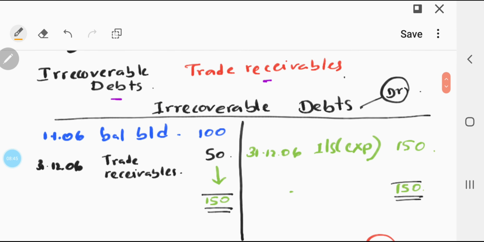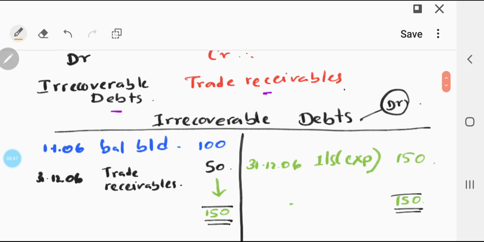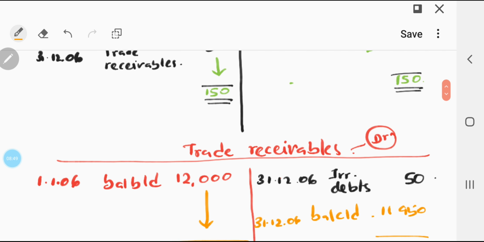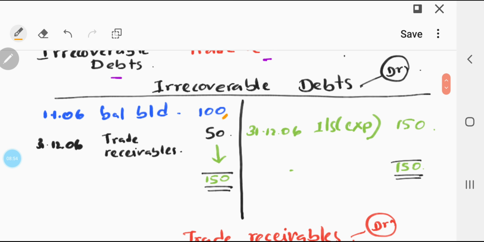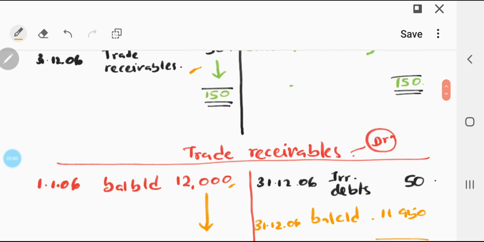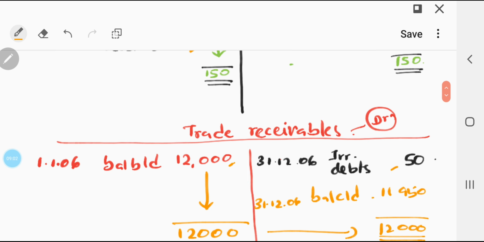Now we have posted opening balance of irrecoverable debts and trade receivables. That was the first 2 steps. Then we identified the double entry of irrecoverable debts, which we debited irrecoverable debts and credited trade receivables.